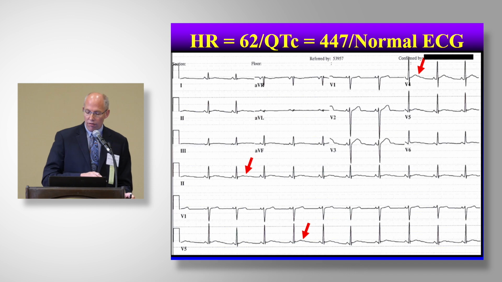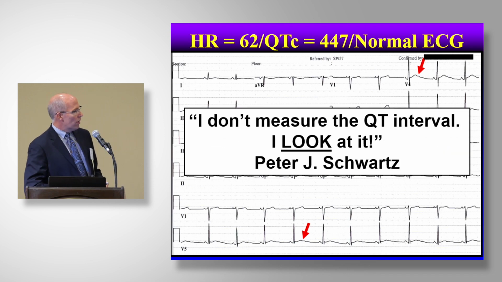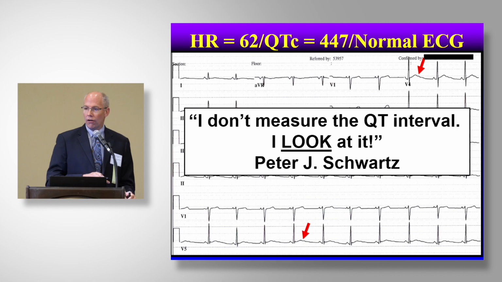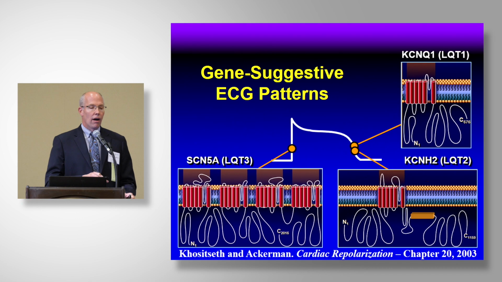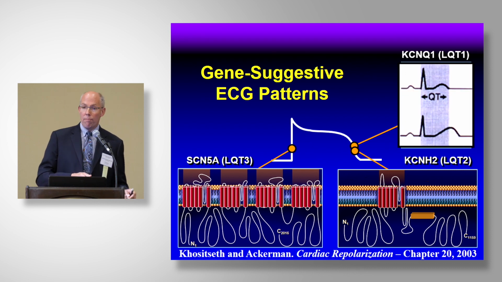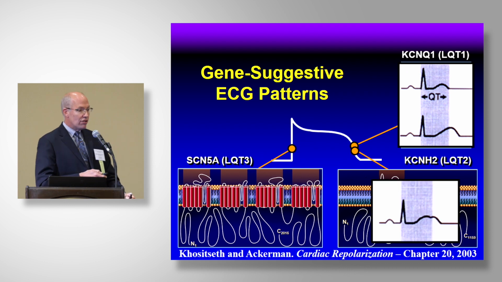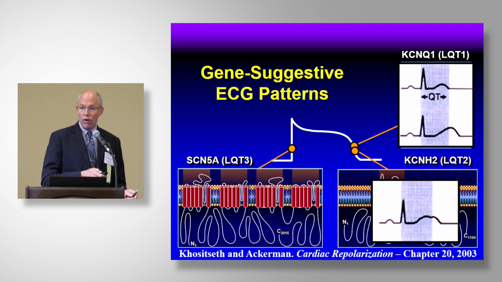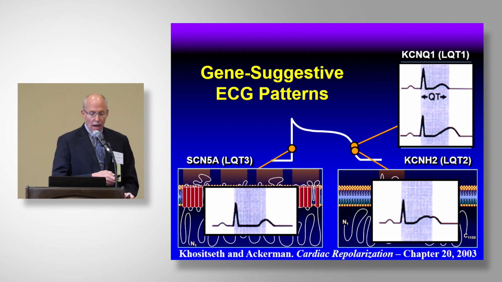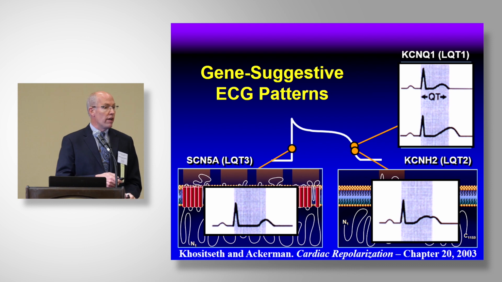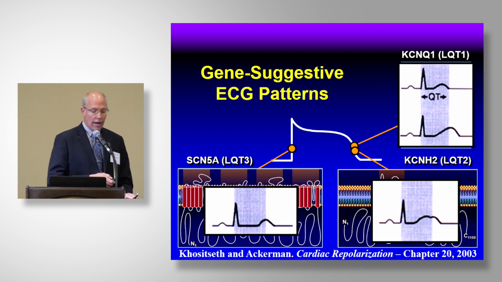One of my favorite colleagues, Peter Schwartz, said once, I don't measure the QT interval, I look at it. And getting used to the pathologic looks of abnormal repolarization that have a genotype-suggestive pattern: the look of broad-based T waves where those T waves don't look right, the look of notched T waves, particularly when that look is in the lateral or apical precordial leads, and the look of a normal T wave inscribed after a prolonged isoelectric segment.